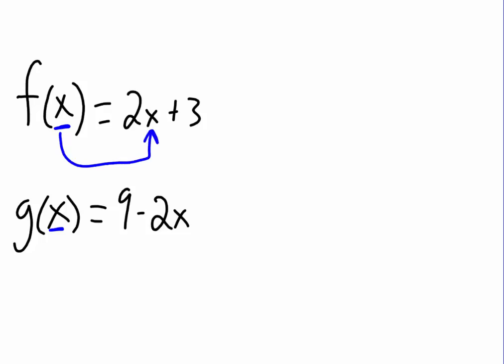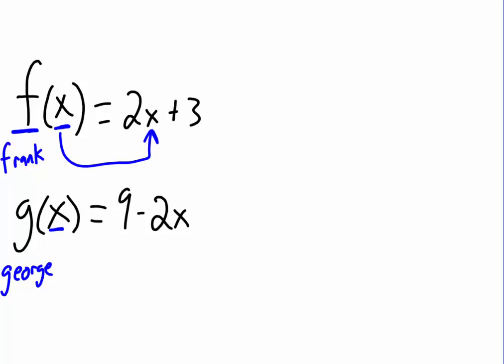That's all it's doing. Then this letter out here is just the name of the function. So we could call this one Frank. And we could call this one George.